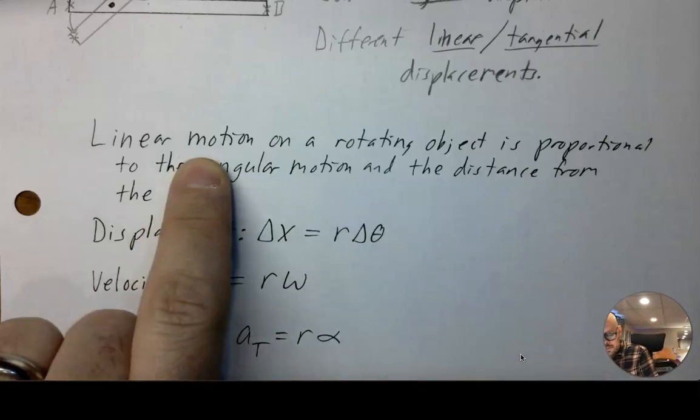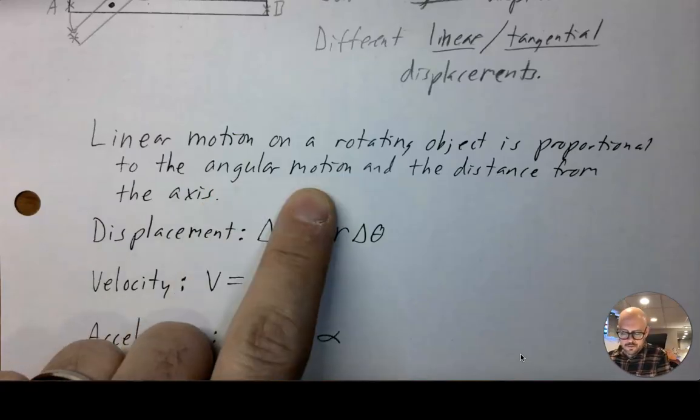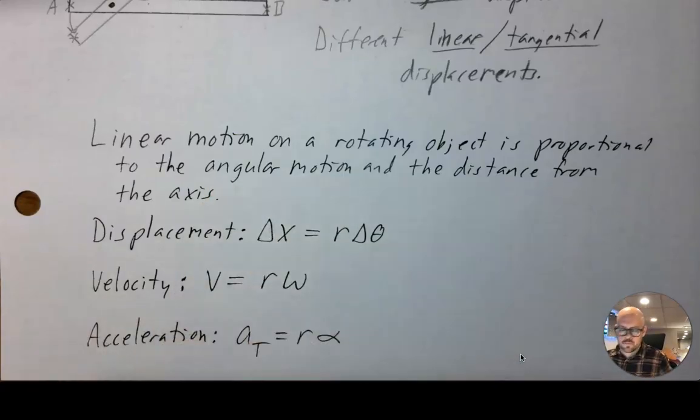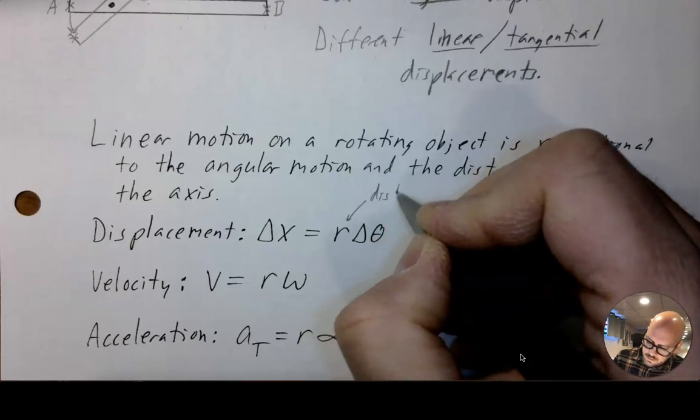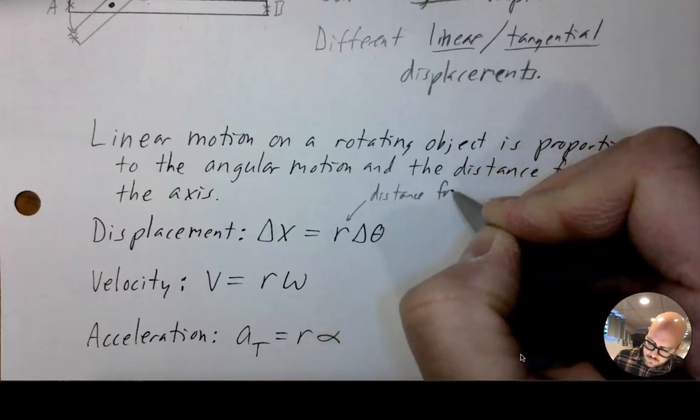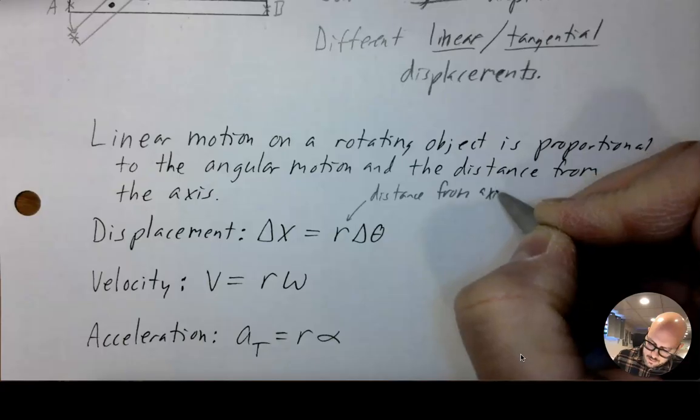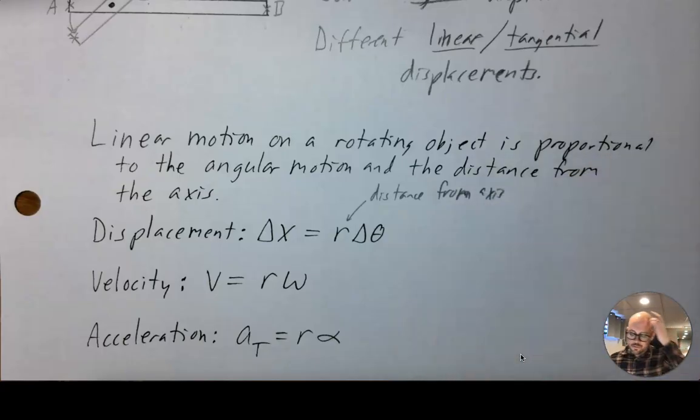So the linear displacement is proportional to the angular displacement and also proportional to the distance from the axis. Now, the distance from the axis, because everything's moving in a circle, we're going to use the variable r for that. And so that is distance from axis. And so we'll do a lot more with r throughout the rest of this unit.